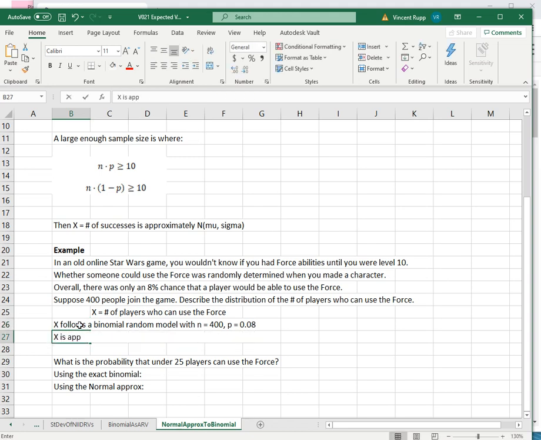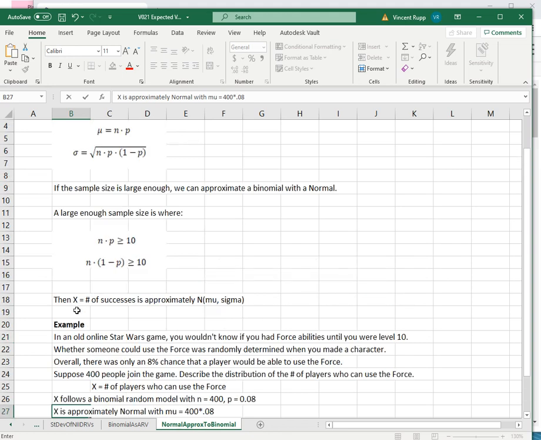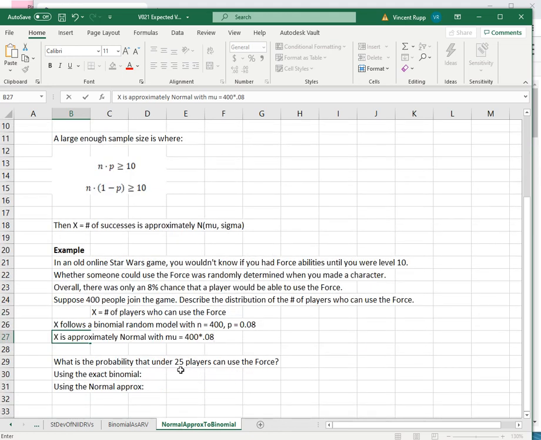But x is approximately normal with mu equals 400 times 0.08, just that n times p formula from up here, and that's going to be equal to 32. And sigma equals the square root of 400 times 0.08 times 0.92, which is 1 minus that. And I'll fill that in a second.